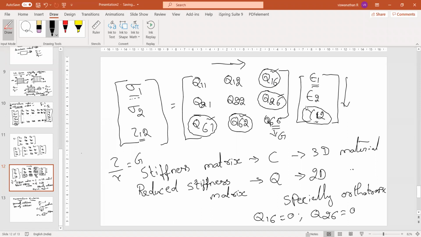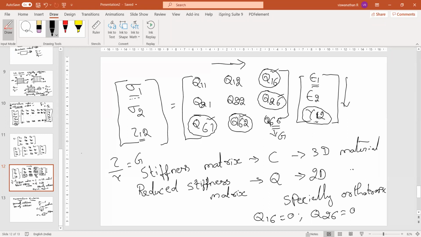That is why there's a 0 for specially orthotropic, meaning when you apply an extensional stress, you get only extensional strain. You don't get any shear strain in a specially orthotropic lamina. If it's a generally orthotropic lamina, if you apply an extensional stress, you will get an extensional strain as well as shear strain.